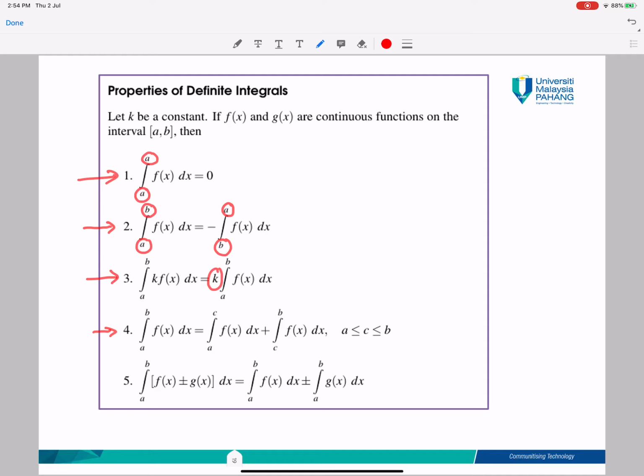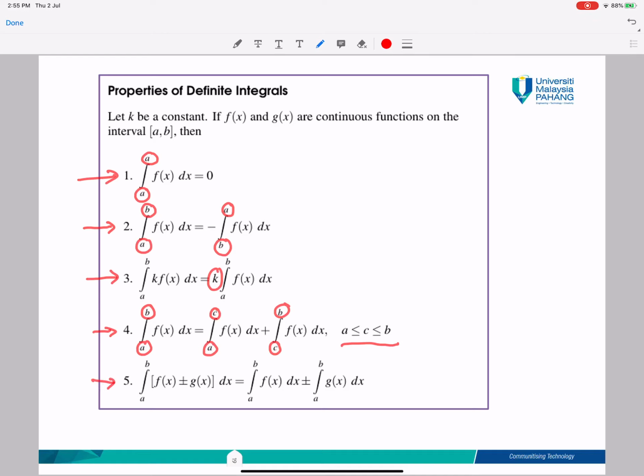It is equal to integration from a to c f(x) dx plus integration from c to b f(x) dx, provided that c is greater than or equal to a, and less than or equal to b. If you see here, the lower limit is a and the upper limit is b. So the intermediate value is a value between a and b.